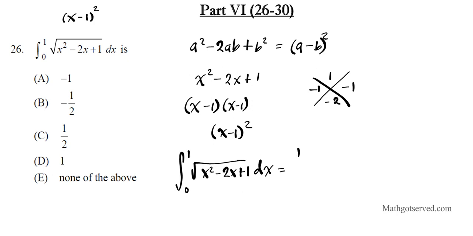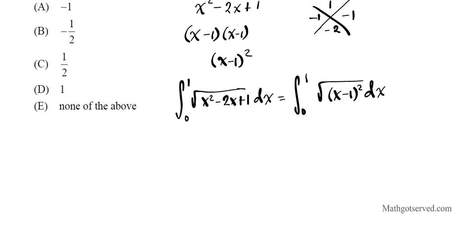So it becomes the integral from 0 to 1 of the square root of x minus 1 squared dx. Remember, anytime you take the square root of a square, you have an absolute value situation. The square root and the square cancel out, and you're left with the absolute value of x minus 1 dx.